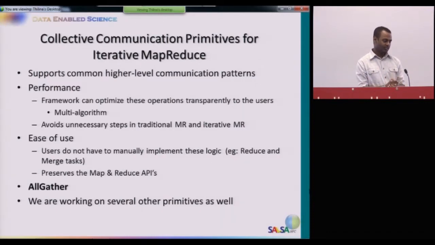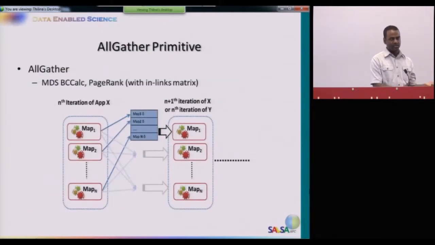For example, one primitive we are working on is called AllGather. We have seen in several of our applications that whatever the output of the map task would be, the reduce task would be just a collection and then transfer into the next iteration.